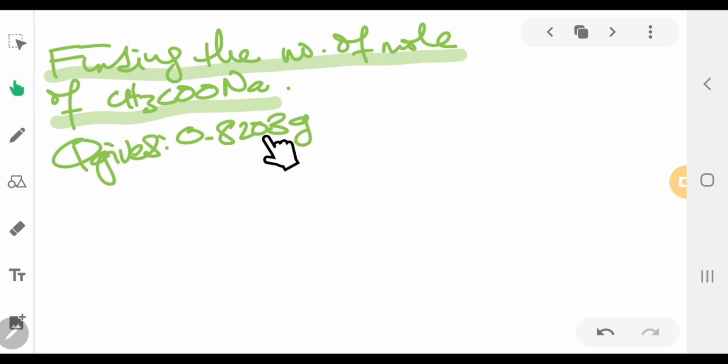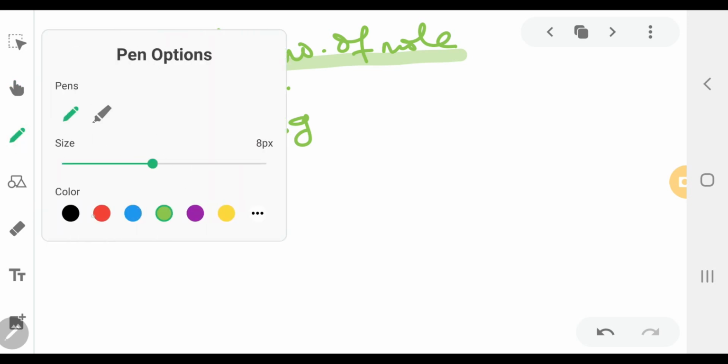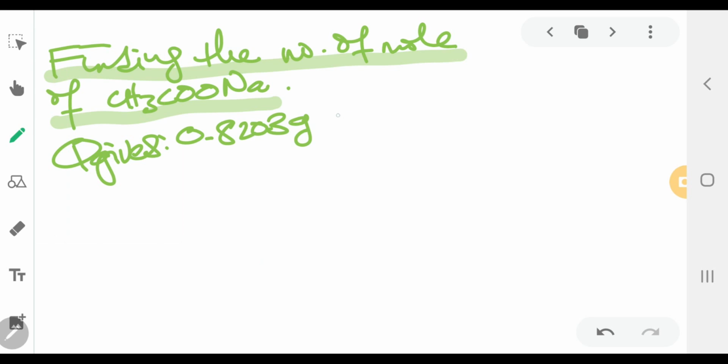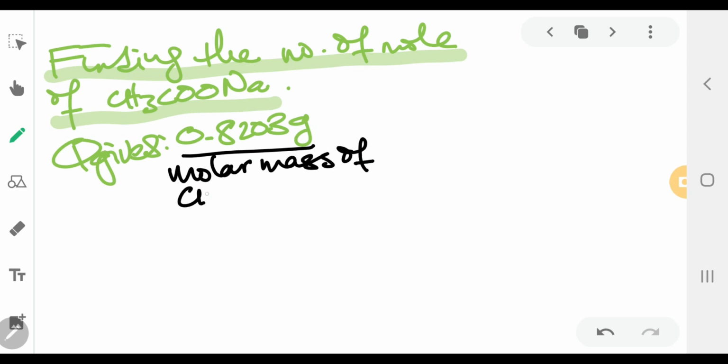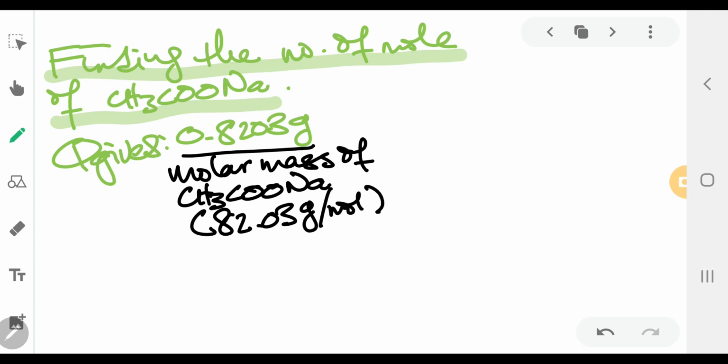And to change this to mole, we have to divide this with the molar mass of CH3COONa, which is about 82.03 gram per mole.